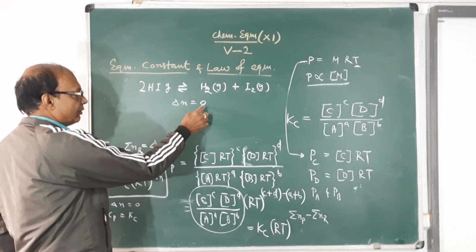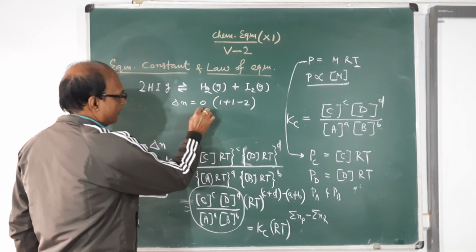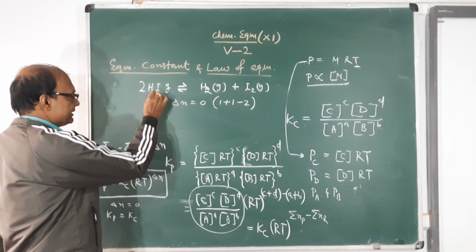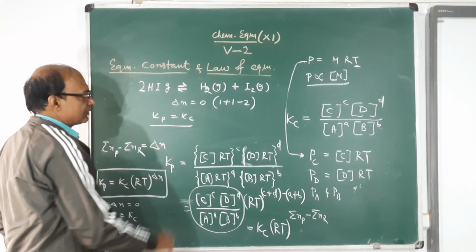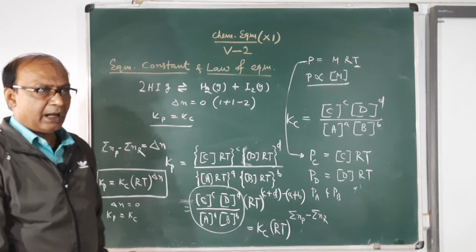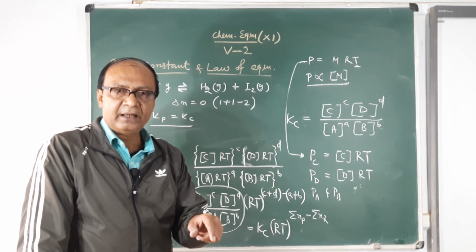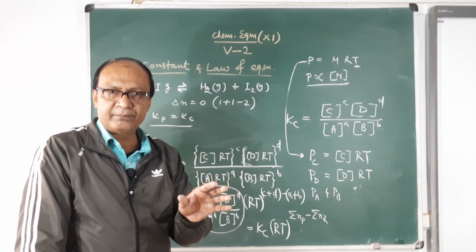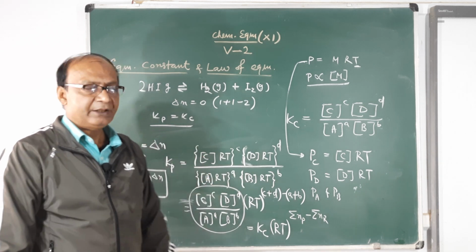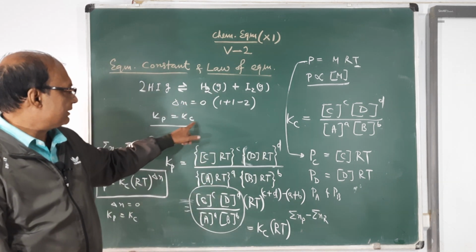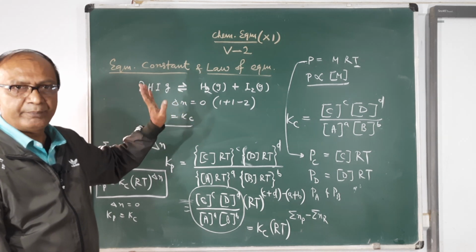I am showing the calculation: 1 plus 1 minus 2 equals 0. Therefore, for this equilibrium system, Kp equals Kc. So, how to write the expression of Kp and Kc for a given equilibrium system, that concept you must build up.